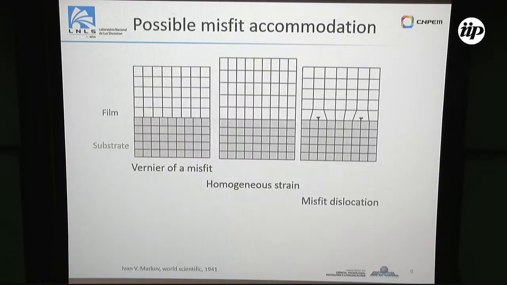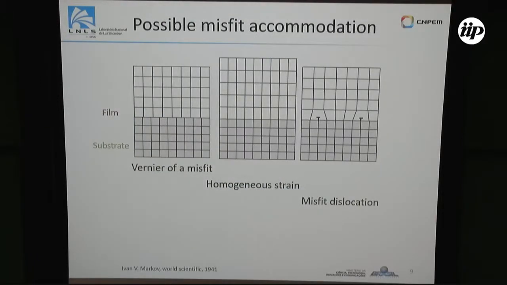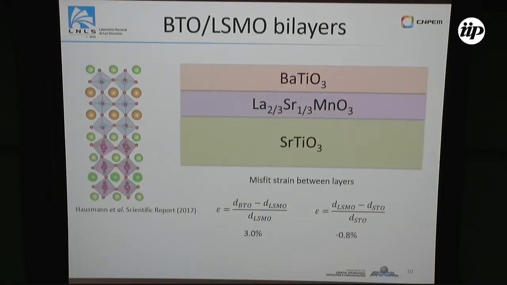When you grow epitaxial thin films, with the strain in the epitaxial thin films, you may have three kinds of misfit accommodation. Depending on the misfit, you may have homogeneous strain, or you may have misfit dislocations to relax the lattice during growth.